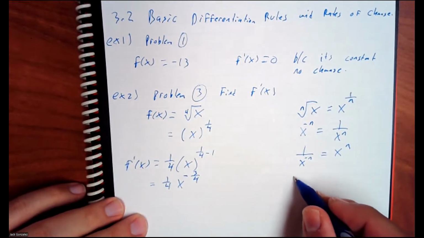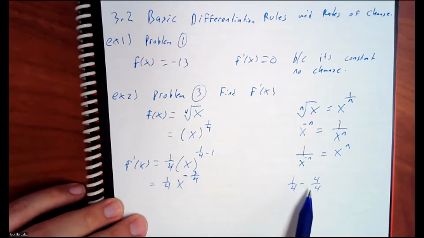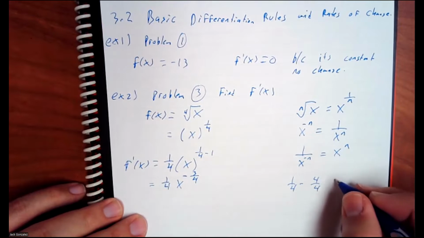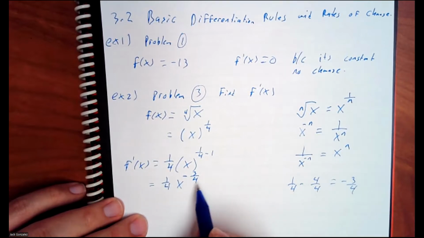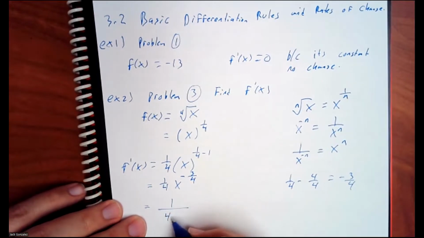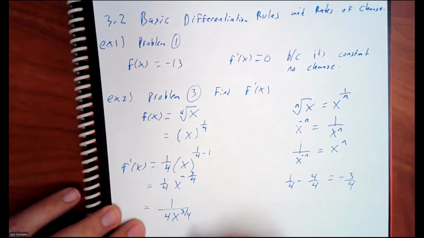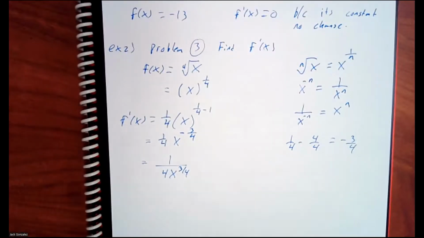If you're wondering how that looks like, you gotta get a common denominator, right? Change the 1 to this. Okay, so now we have a negative power, so that means we could bring it down to the bottom. So that'll be 4x to the 3/4. Right?